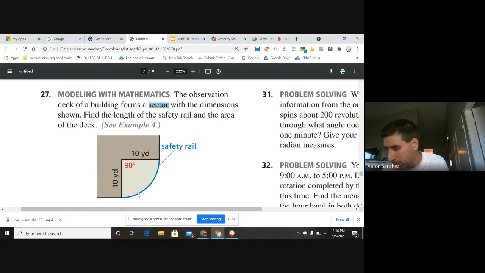That's basically it. So let's go ahead. I'm going to draw the picture, and then I'll do the length of the fence, and then I'll let you guys do the area. Same idea. So this is 10 yards, 10 yards, and this is 90 degrees. Here we go. Okay.